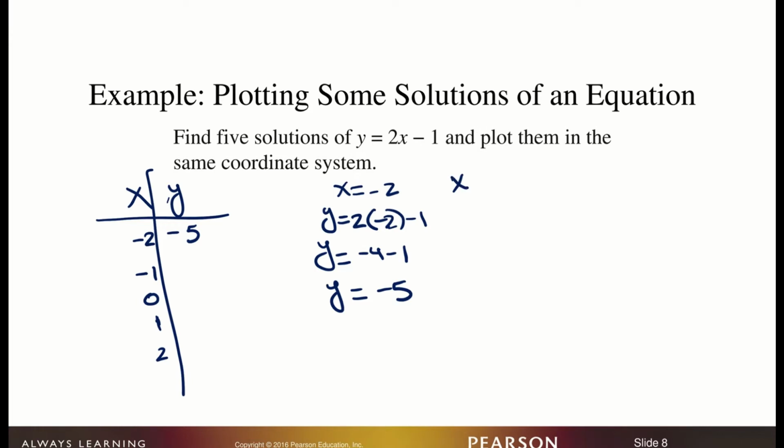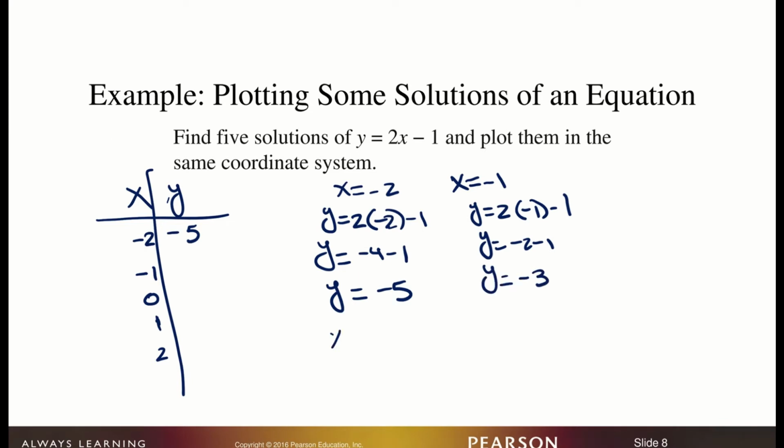When x is -1, we get y equals 2 times -1 minus 1. We're just substituting -1 where we see x, because that's what we're substituting for. So we get y equals -2 minus 1, or y equals -3.